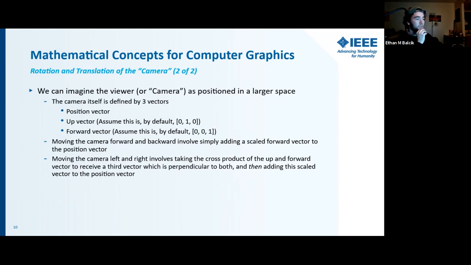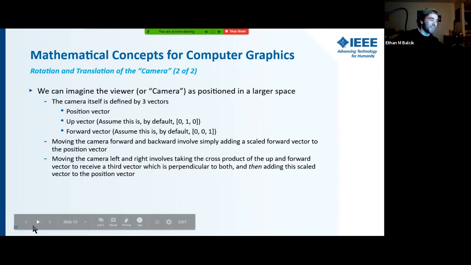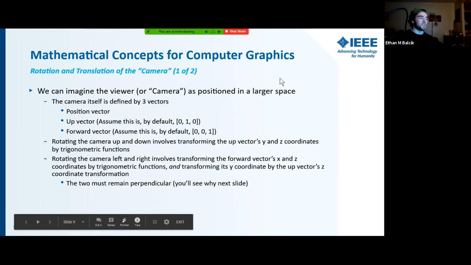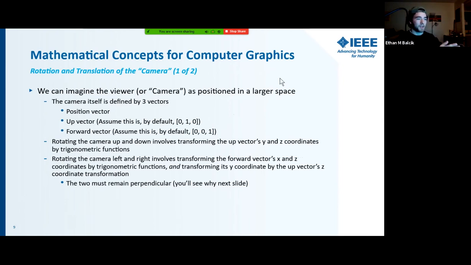Then for moving left and right, I'm actually going to have to go back to the last slide to talk about rotation. Rotating the camera up and down, like I said, is transforming the up vector's y and z coordinates using trigonometric functions. So you're using a circle to move your head up and down, conceptually speaking.